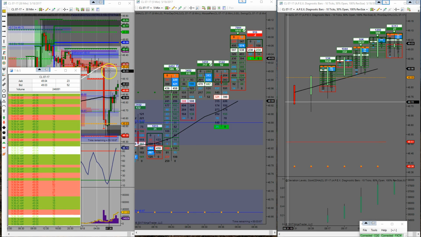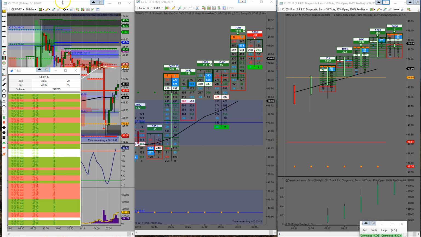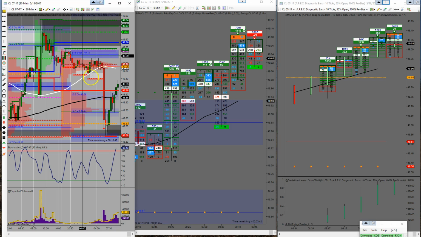So ideally we'll push on up to the 50 period average here around 49.24. And we may actually start getting some type of sequence around the 49.10 level. Let me double check. See, point of control from yesterday.